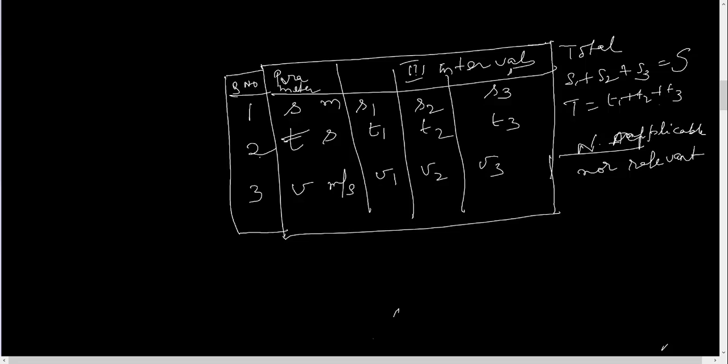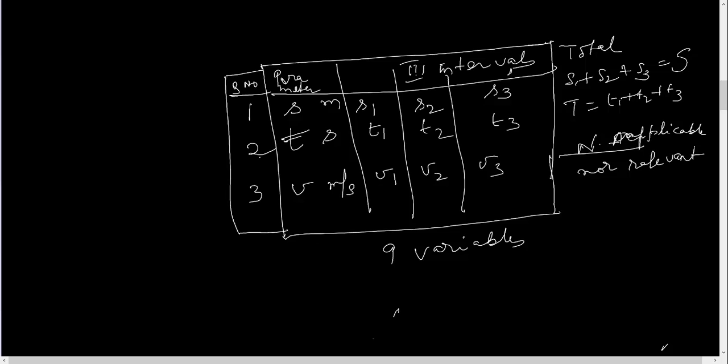Now here if you analyze this tabular column, you have got 1, 2, 3, 4, 5, 6, 7, 8, 9. So 9 variables are there, out of which S1, T1, V1 are interrelated, S2, V2, T2 are interrelated, S3, T3, V3 are interrelated.